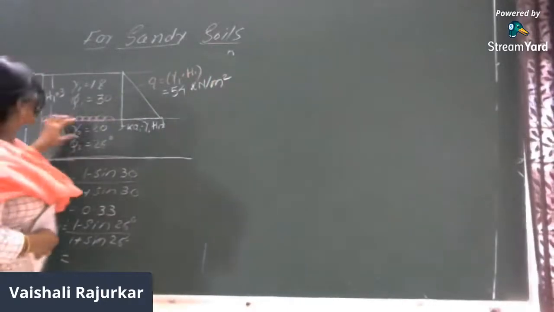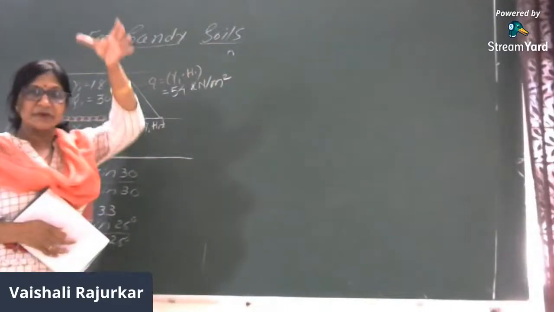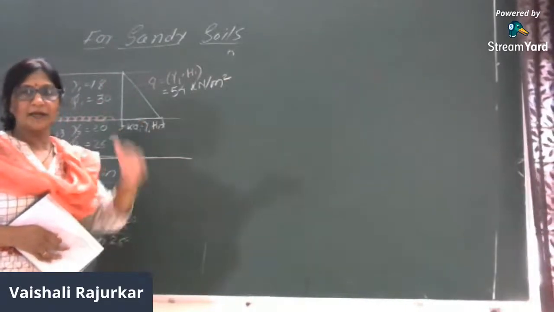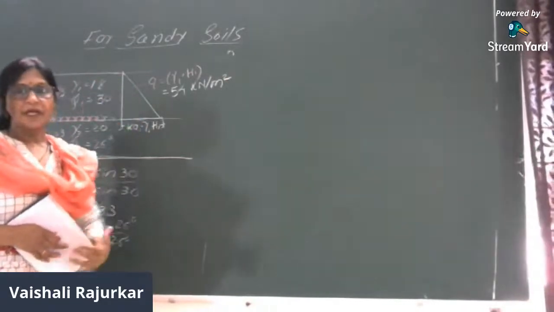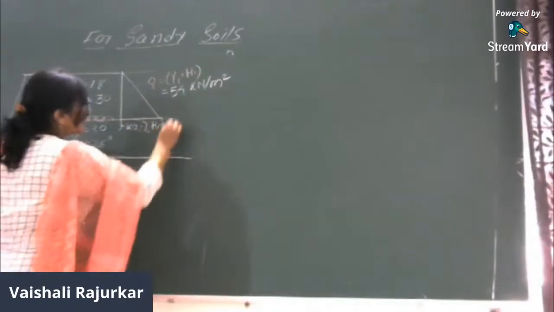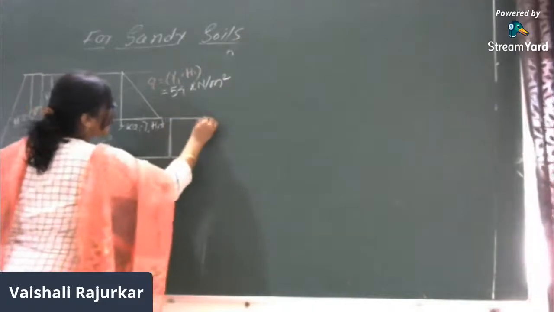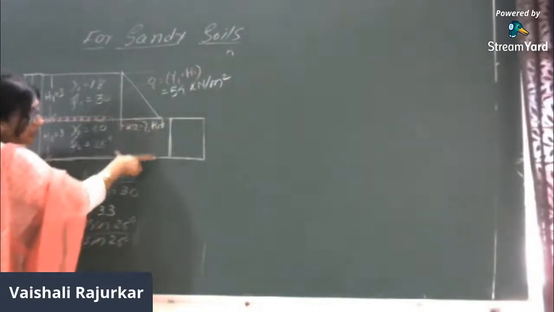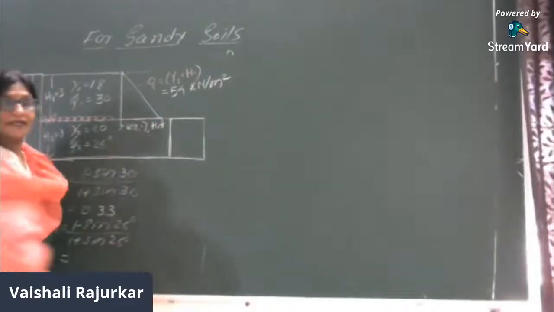Now, if there is a surcharge load, this surcharge will be uniformly distributed over the whole portion of the retaining wall, and it will be the same throughout. Therefore, the pressure distribution due to this will be the same. Now, what is the difference between this case and the previous case? There we took the same Ka in the bottom layer because the soil layer was the same.